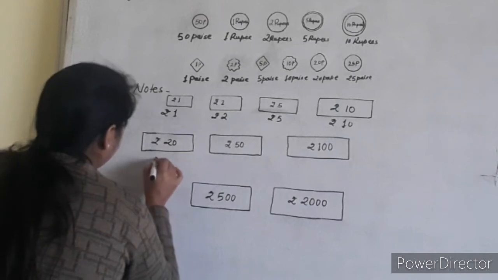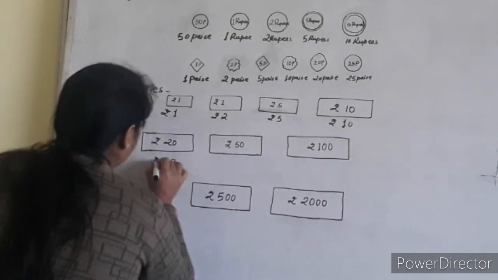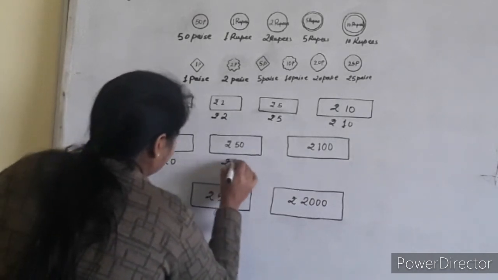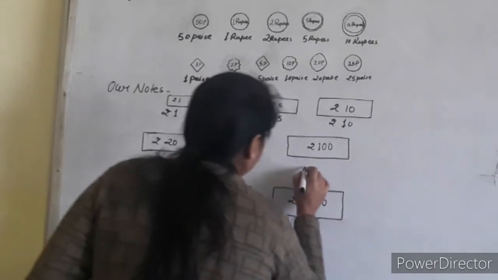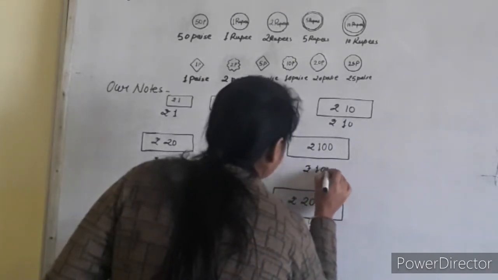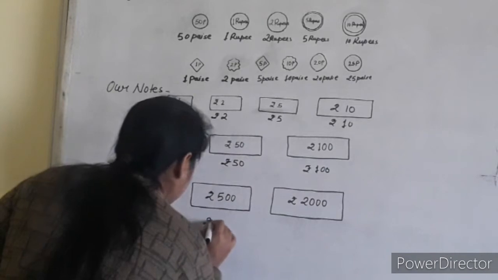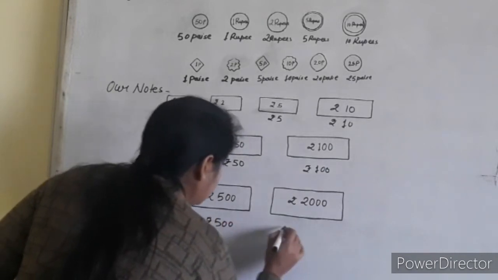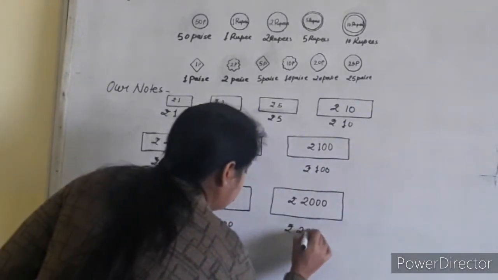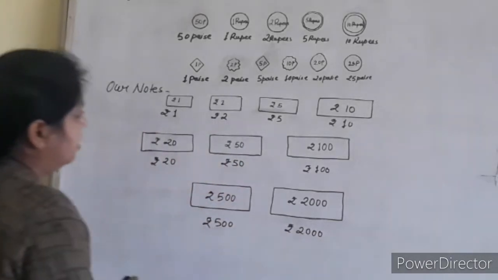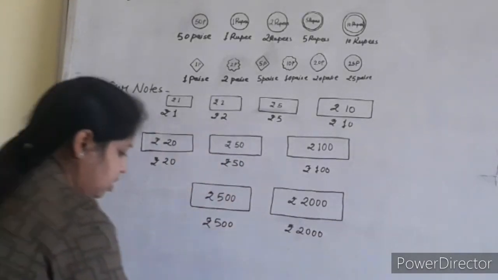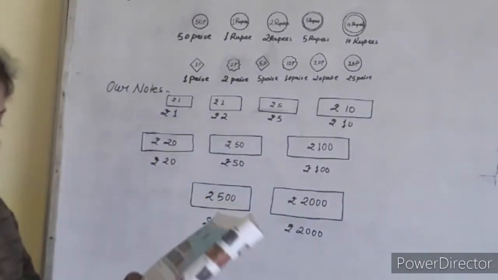This is 20 rupees, 50 rupees. And this one is 100 rupees, 500, and this one is 2000. Okay, these notes I am going to show you from your book.